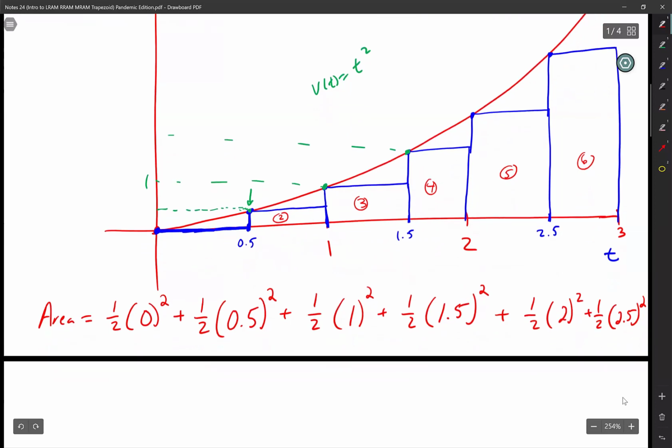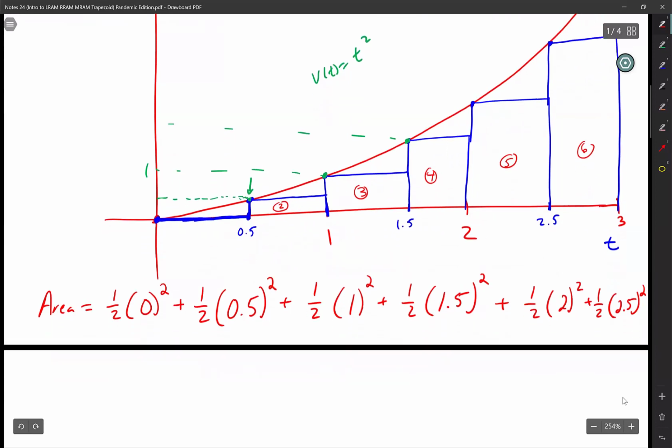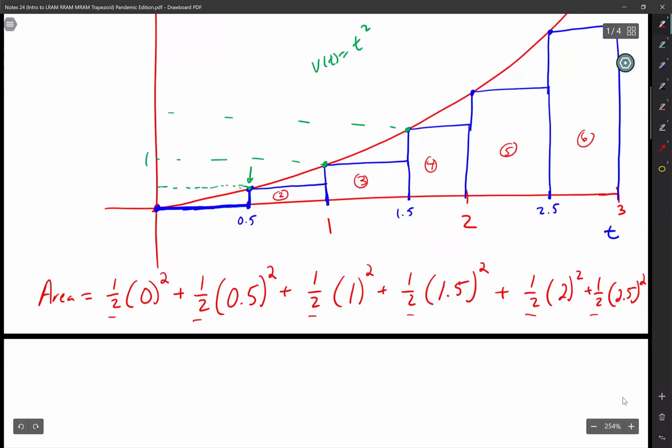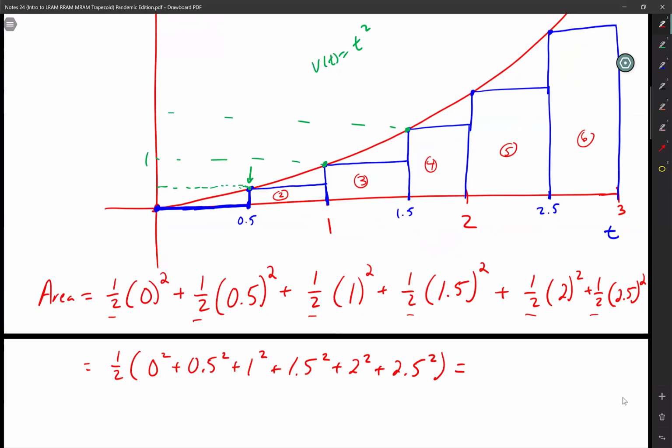All right. Is there an easier way to do this? Yes. Notice there is a half on every single term. So you can factor out a half and go 0 squared plus 0.5 squared plus 1 squared plus 1.5 squared plus 2 squared plus 2.5 squared. And I don't have a calculator.